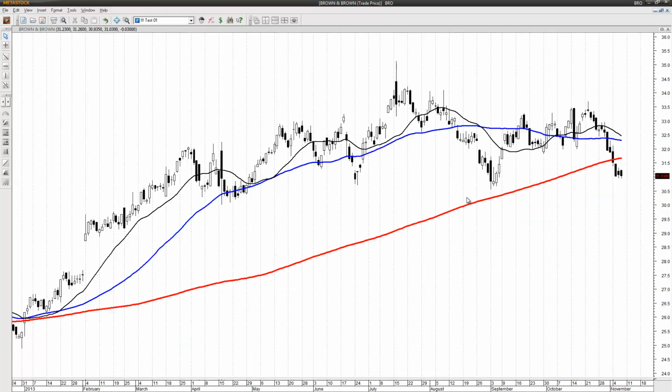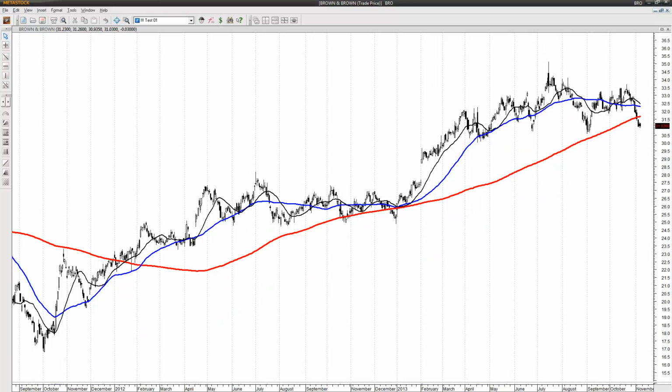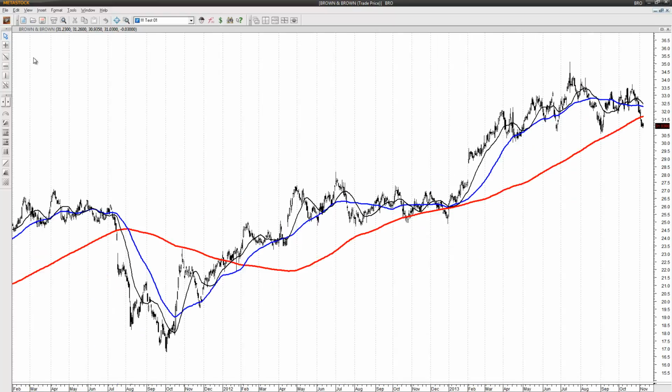Next chart, Brown and Brown. With this example I have a trend line. You connect this trough to that trough, and then you come up with a point pretty close to where the price is trading at the moment.